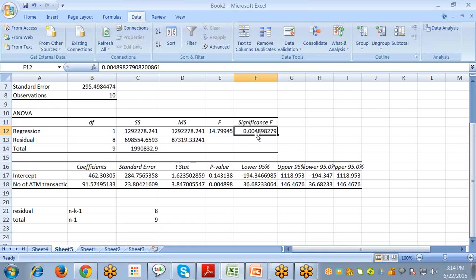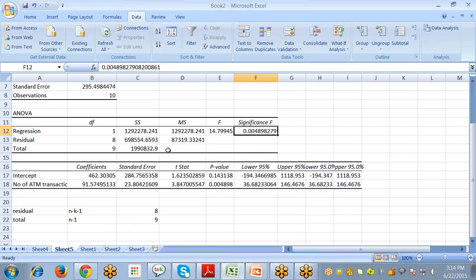Here it is 0.004, a very low value. This is very important for regression analysis, and if this value is low, it shows that our regression analysis is very good.